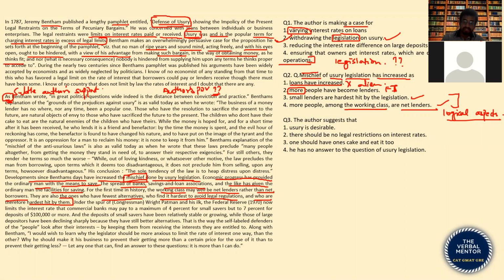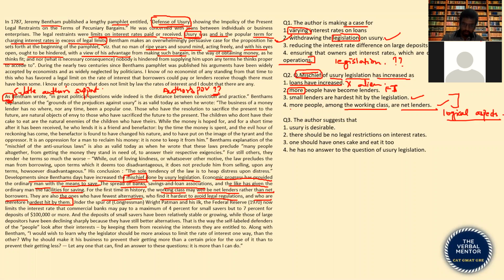The question says mischief of usury legislation has increased. Now, guys, I am essentially looking for a negative answer choice which has a negative tone, because the question itself has a negative tone. Mischief has increased.